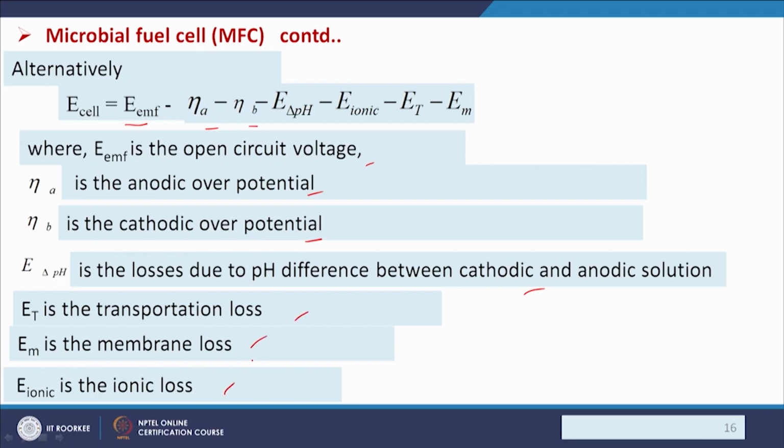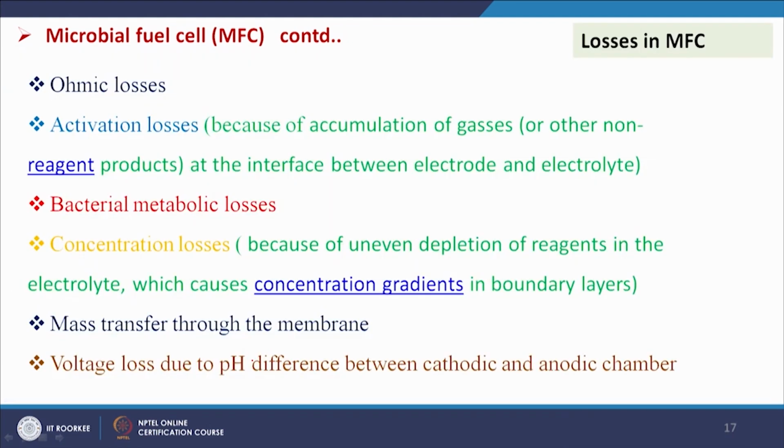So, that way also we can measure the E cell, and different losses in MFC, that is ohmic losses, activation losses because of the accumulation of gases or other nonreagent products at the interface between electrode and electrolyte.